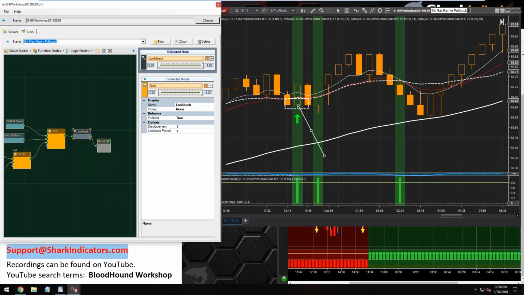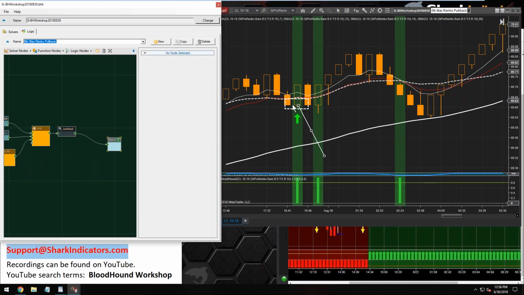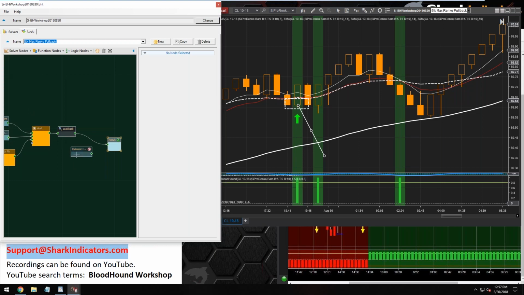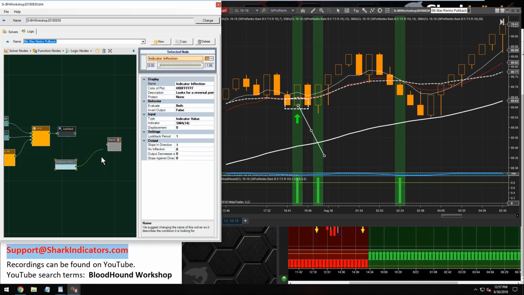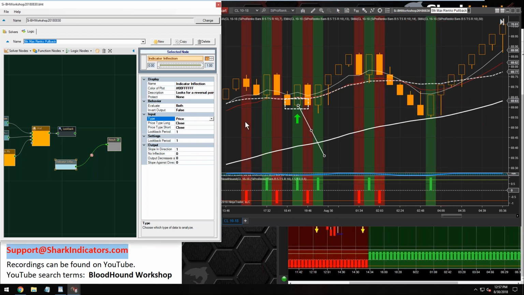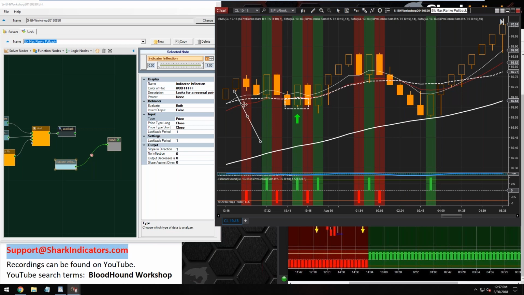And now the last thing we need to do is identify this reversal bar. So that would be an inflection. That's an inflection there, and we're looking for an inflection of price. So we're going to change our input to price. And now we can see, on all these reversal bars, we're getting a signal.